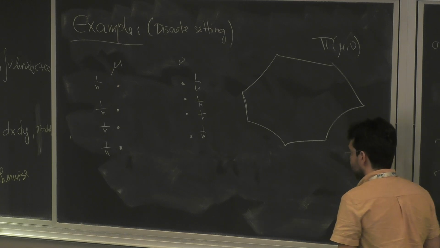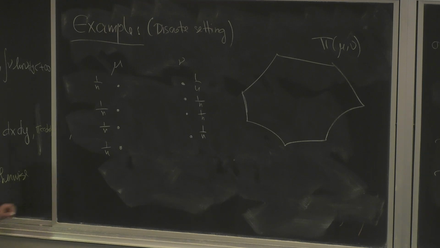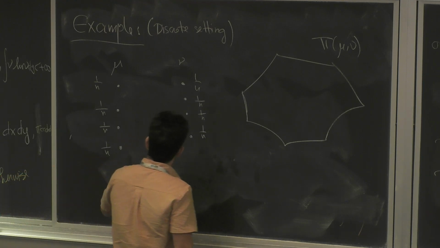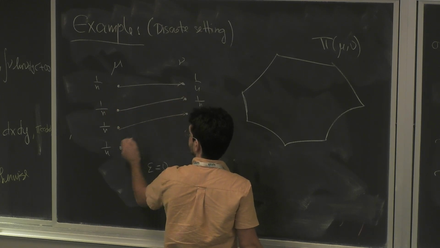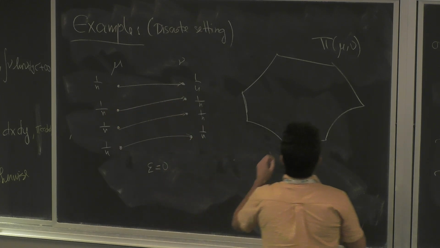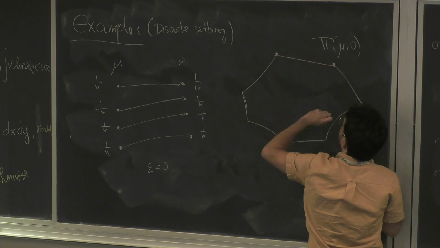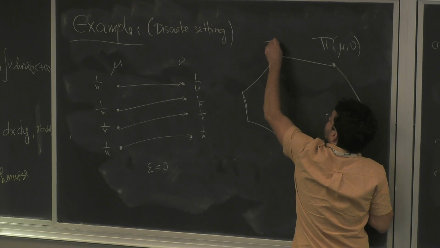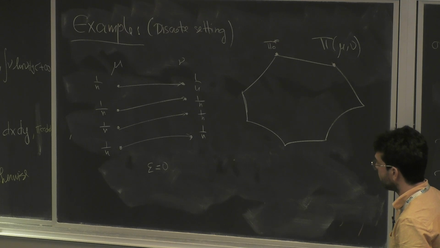You know that the optimal solution when epsilon equals 0 is going to be a map, or more precisely, a permutation matrix. So your solution is going to be in one of the vertices of this polytope that is defined by this set of pi.